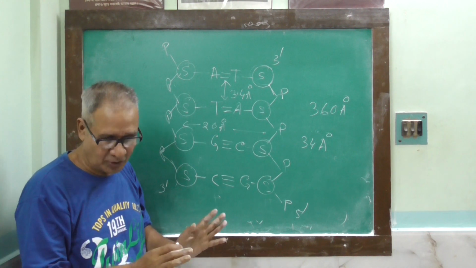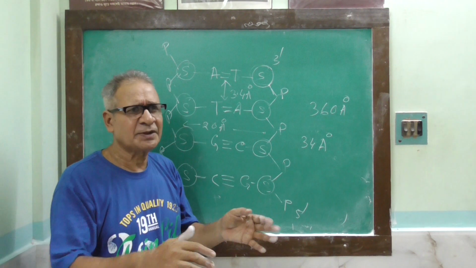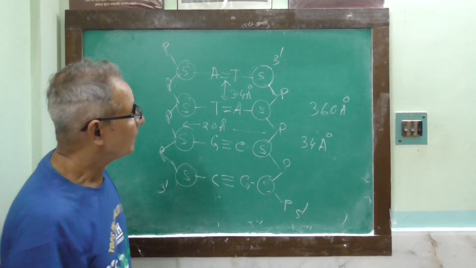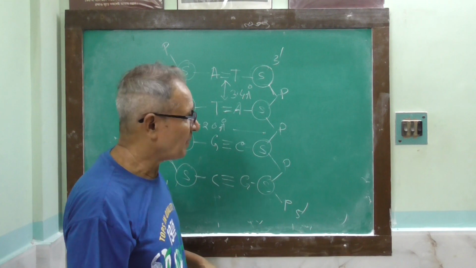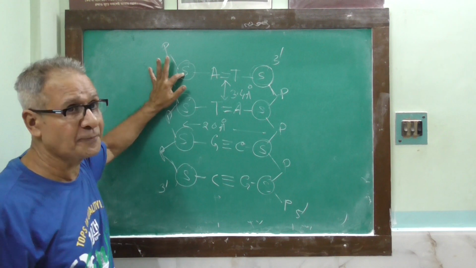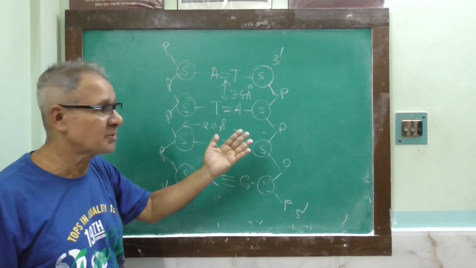It is the structure of the DNA molecule, and then the RNA molecule structure is similar. Here the DNA is double-stranded, but RNA is single-stranded. Here sugar is ribose, and in place of thymine, uracil is present.